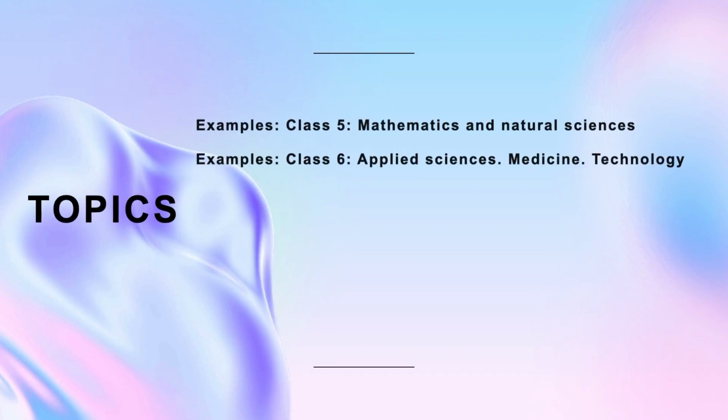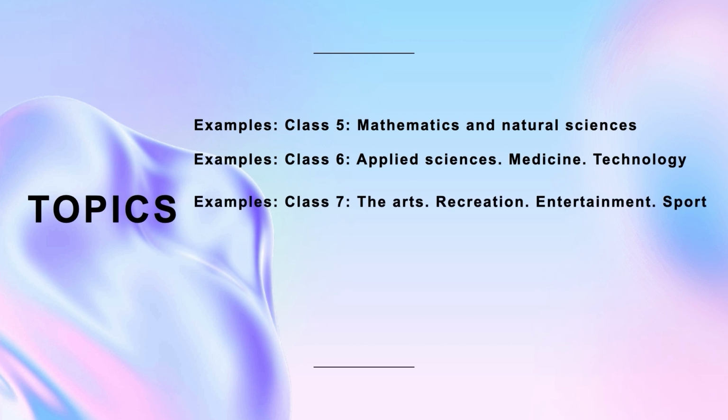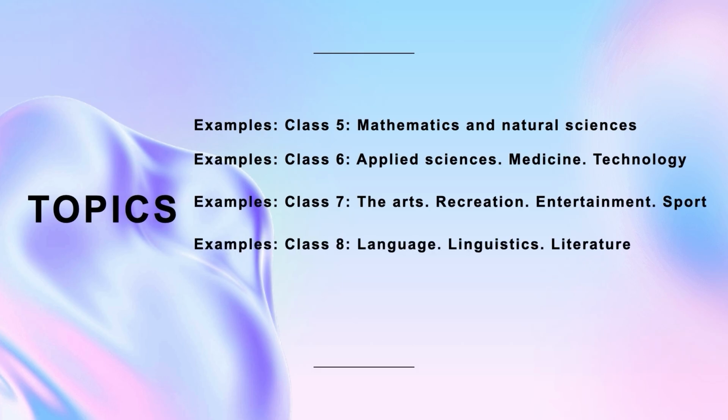Today's topics are examples under class 5, mathematics and natural science; class 6, applied science, medicine, technology; class 7, arts, recreation, entertainment, sports; class 8, language, linguistics, literature; and class 9, geography, biography and history.